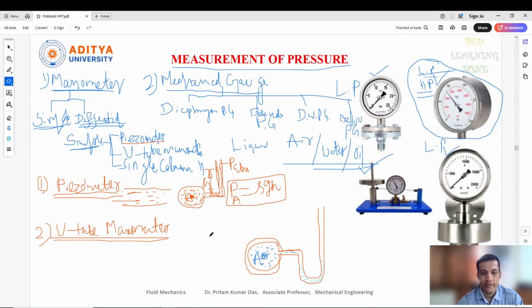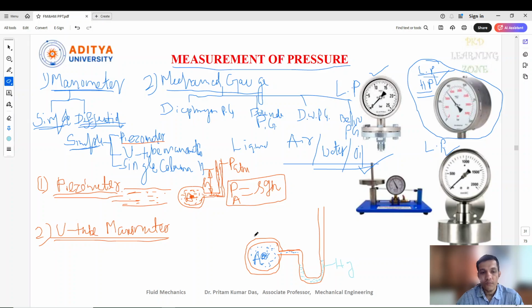Mercury has a higher density than the liquid flowing inside the pipe. We need to consider a liquid in the manometer whose specific gravity or density is more than the liquid flowing inside the pipe. That's why the liquid taken in the U-tube is mercury.